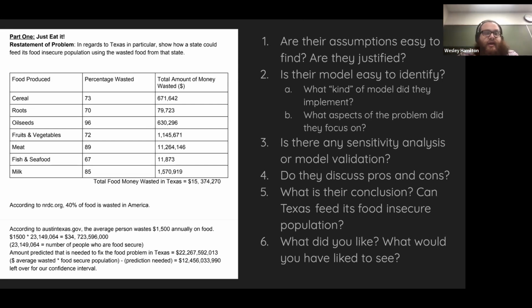But in this case, this snippet right here was essentially the entirety of their part 1 submission. So take a few minutes, read through, get a sense of what they're doing, and in particular, answer each of these 6 questions. Feel free to post in chat whenever you have thoughts.